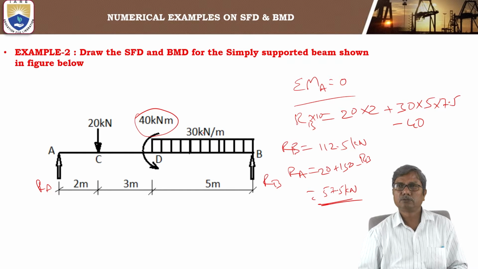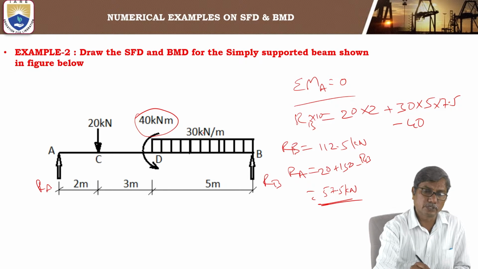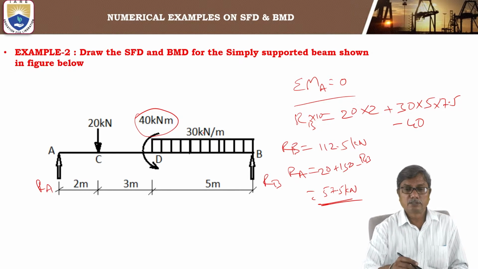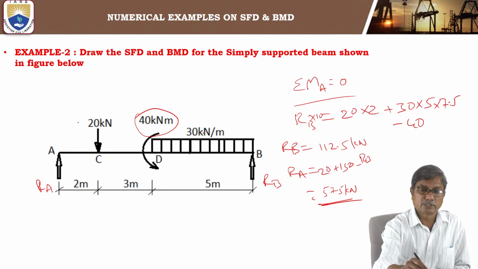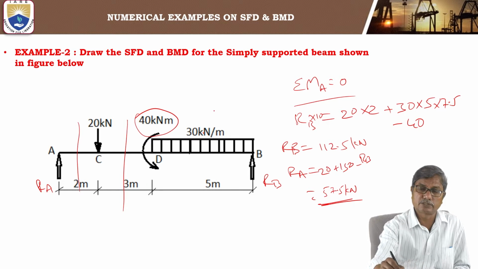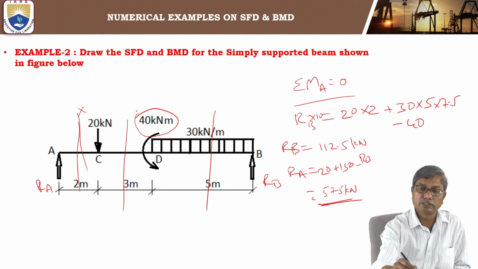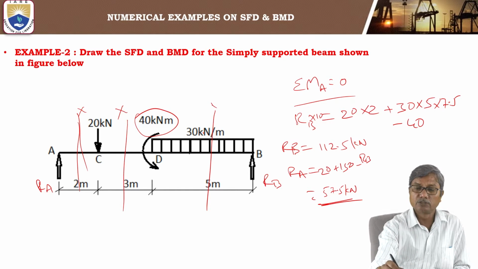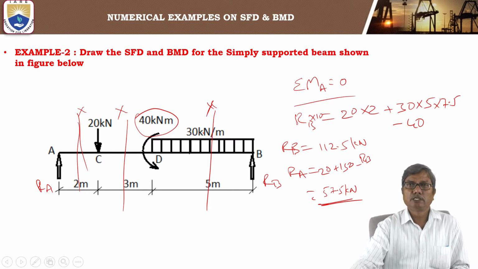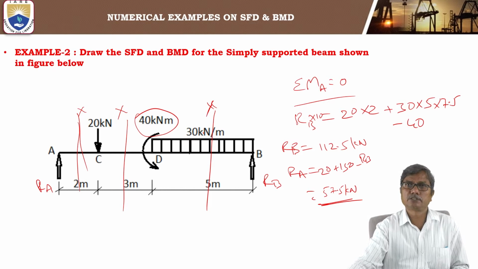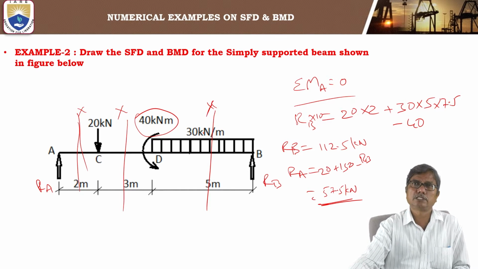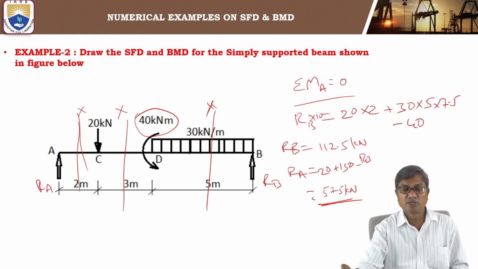Now once you find the reactions at supports A and B, the next step is considering different sections. Wherever the load changes, you need to consider a separate section. So here we need to consider separate sections in portions AC, CD and DB.